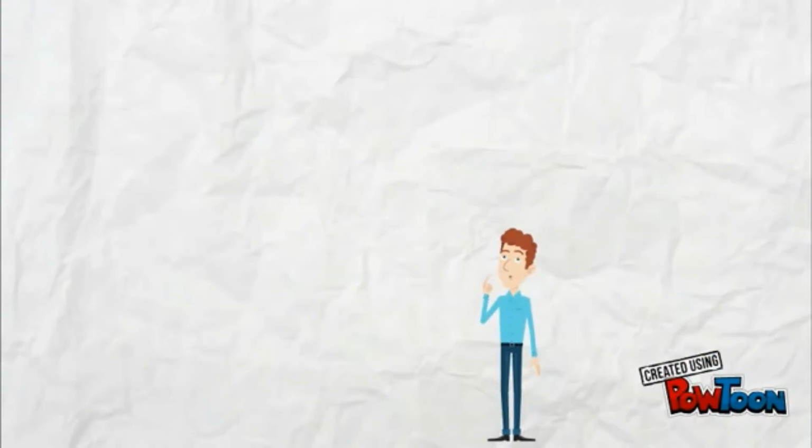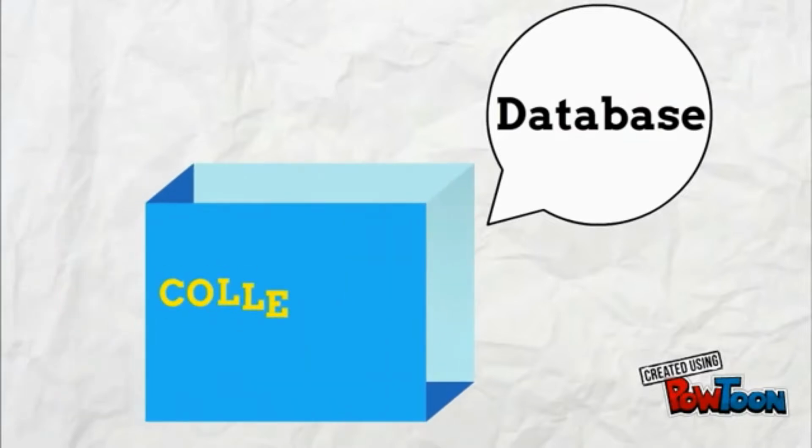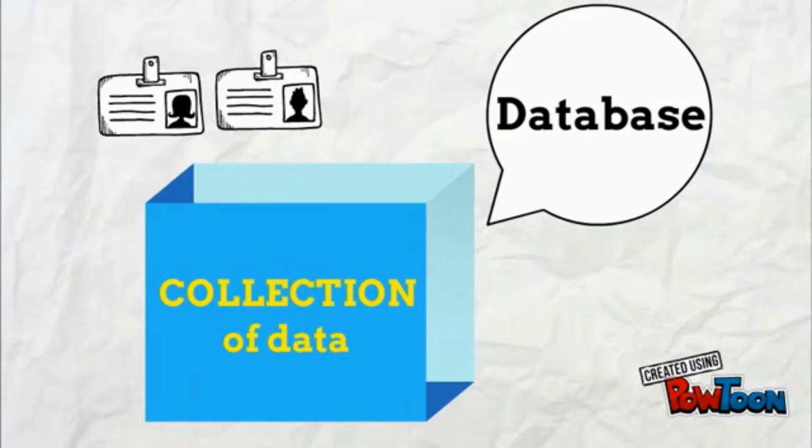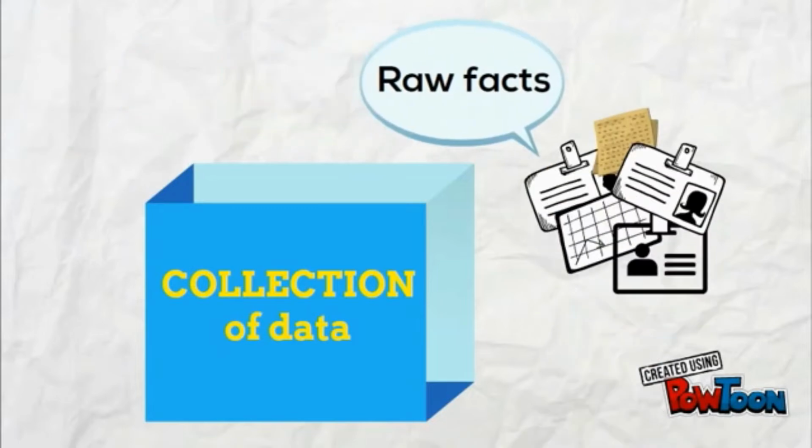I'm sure that you have heard of data before, but what is a database? A database is a collection of data, for example, student identities and company statistics. Data consists of raw facts.